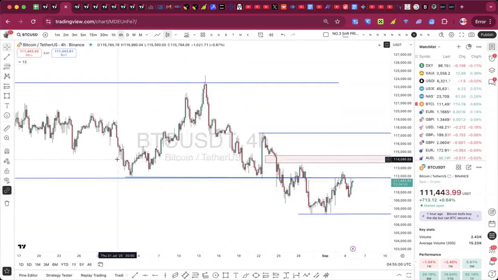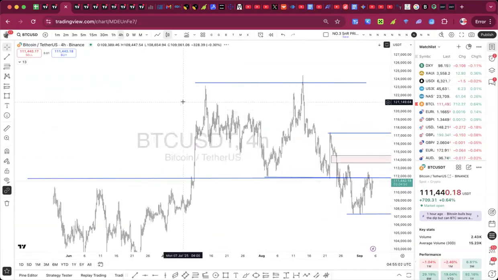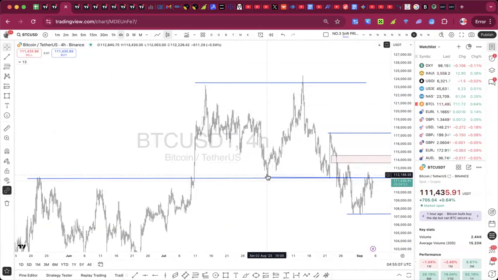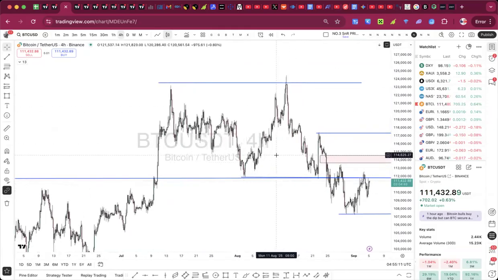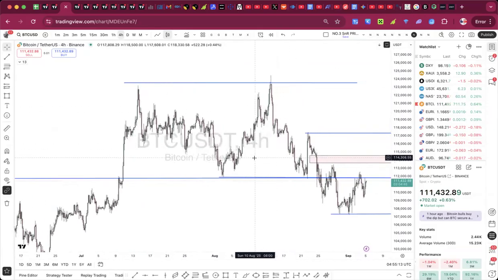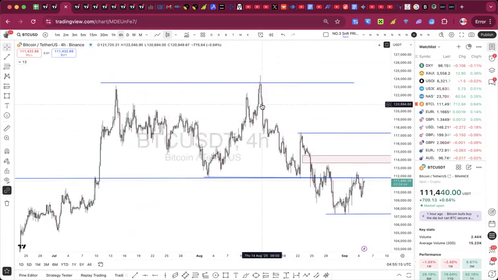Before you have this, then a low here, and this is the last high. And then this one continues to create its own structure now. Have this, then we'll have this, this.